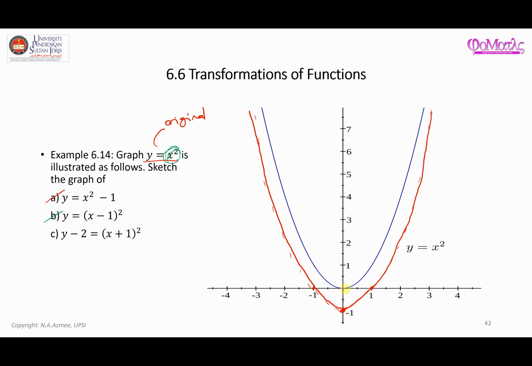So if this is my point 0, 0, it will be moved to this point, and this point will be moved to this one. So basically this is just moving the blue curve 1 unit to the right.